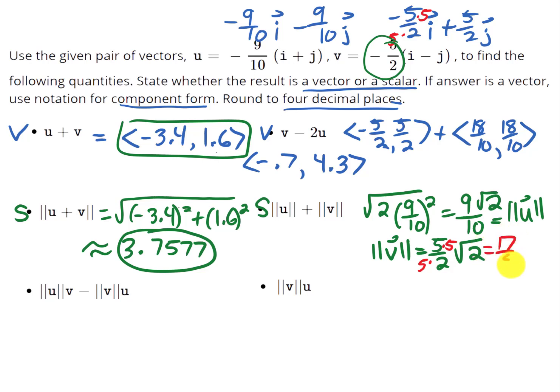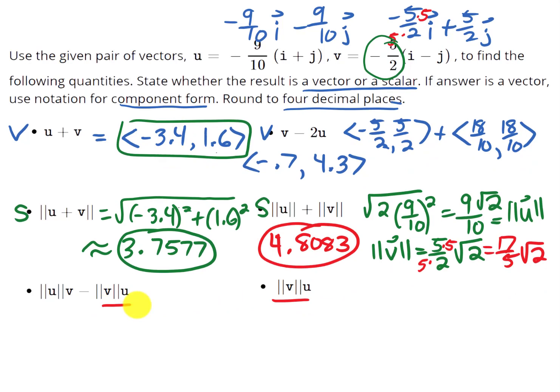So that's 17 fifths square root of 2. And let's go ahead and put that in the calculator. And it looks like to 4 decimal places we get 4.8083.